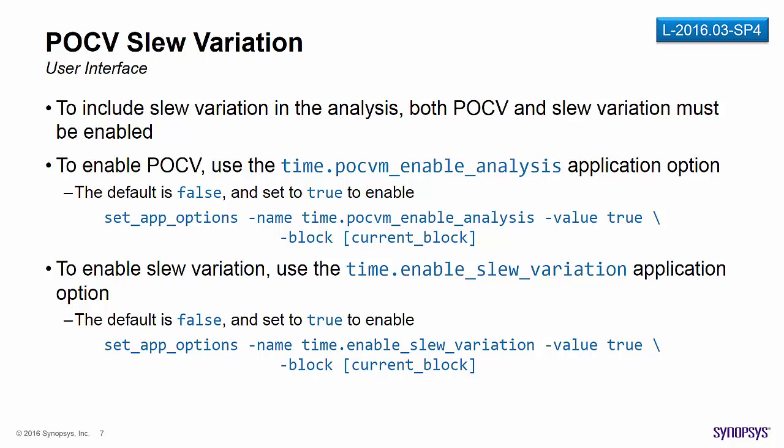Both POCB and flow variation must be enabled for POCB flow variation analysis. To enable POCB, set time POCB enable analysis to true; the default is false. To enable flow variation, set time enable flow variation to true; also the default is false.